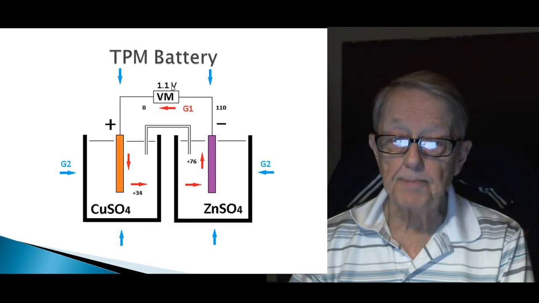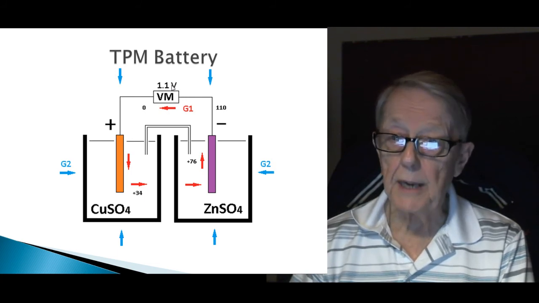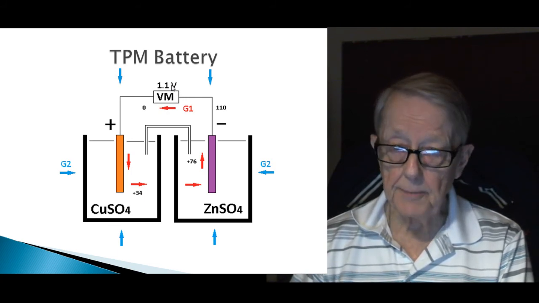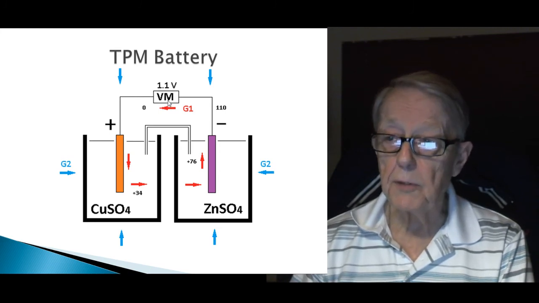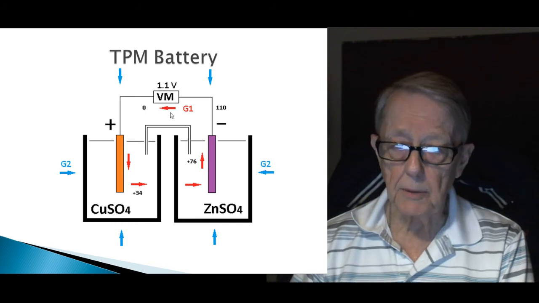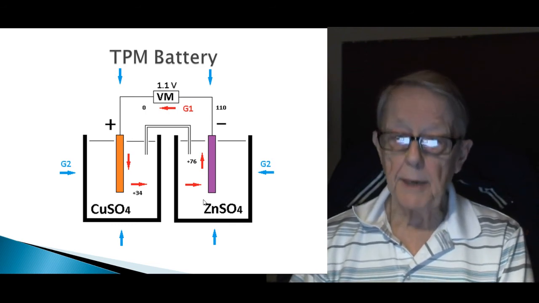That's not right. That's not the way it works. There has to be something else going on. They say that when you do that, you don't get a voltage across. This reads 0. So what's happening?